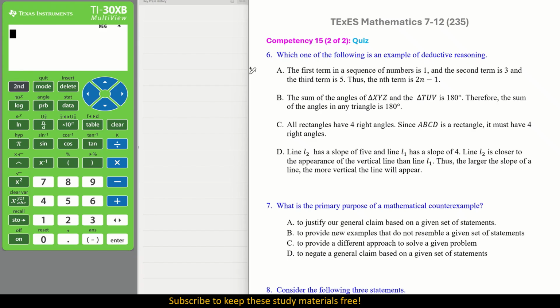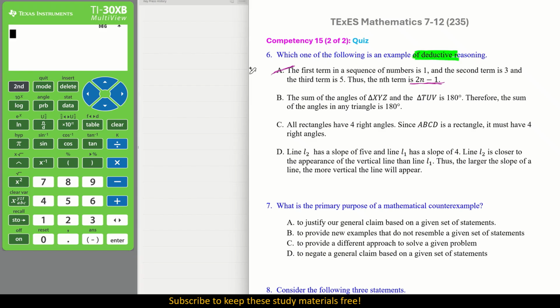That is a specific sequence, not a general sequence. And the big kicker here is it ends with a general formula. So that is backwards from what we need. So mark out A. It is inductive, not the deductive that we are looking for.